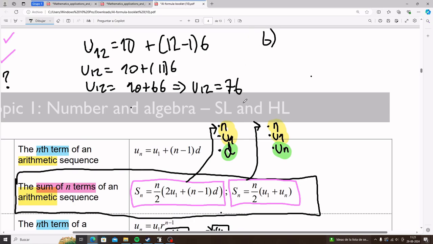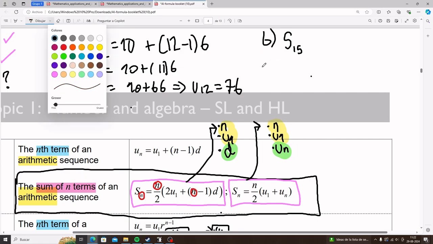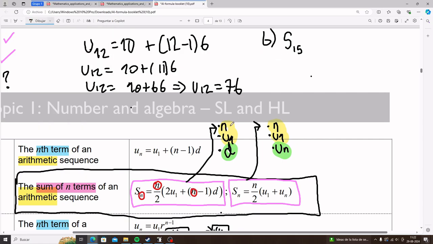So for the equation on the left, I'm going to put s of 15. Let's recall that I'm saying that n is 15. So you're plugging in 15 for all of these guys in red. You are already saying that n equals 15 in this context. So n is 15. U1, you have it from earlier, it's 10.